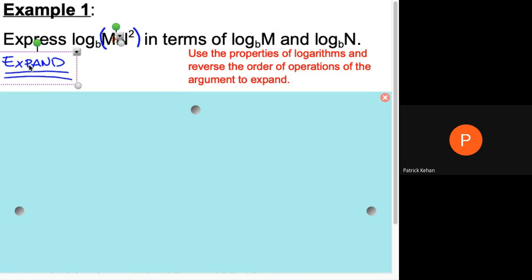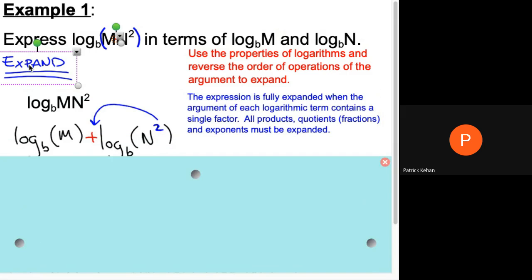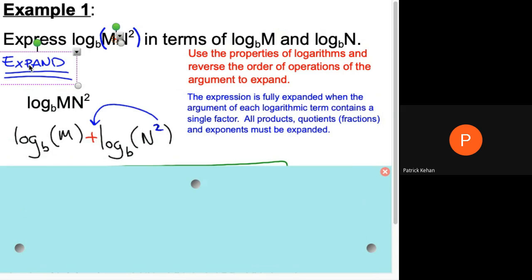So I'm going to decompose this logarithm into two different logarithms of the same base. This addition here is where that multiplication shows up. So first is log base b of m plus log base b of n squared. That's the first part of the expansion. And then you're not fully expanded at this point, right?